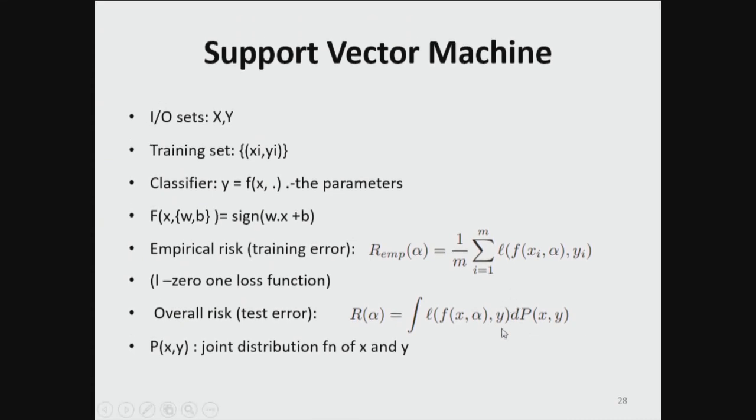And d is the one we are not familiar with, and we will be using that in the subsequent slides. For the time being, we just introduce how we formulate input output, training set, classifier, designing the model, finding the empirical error and finding the overall error.